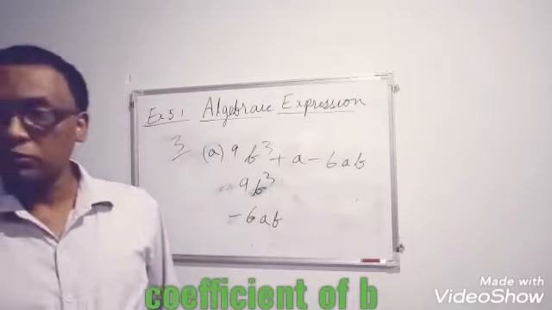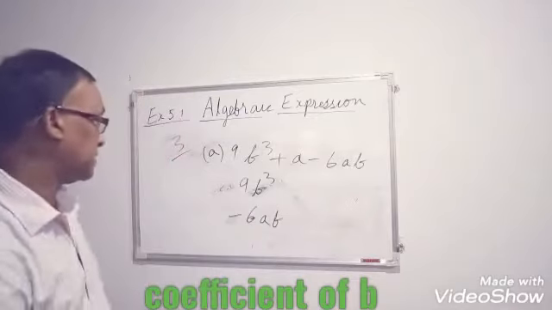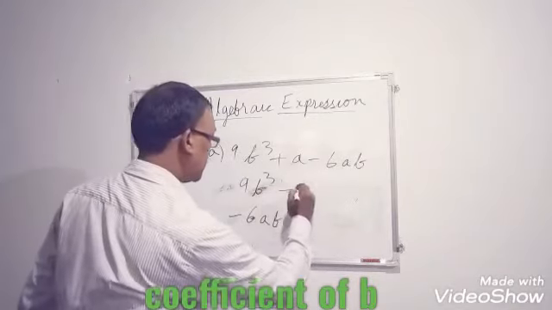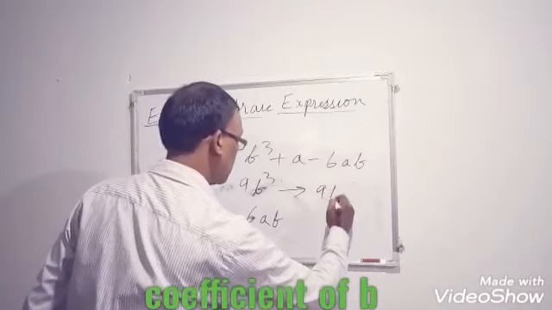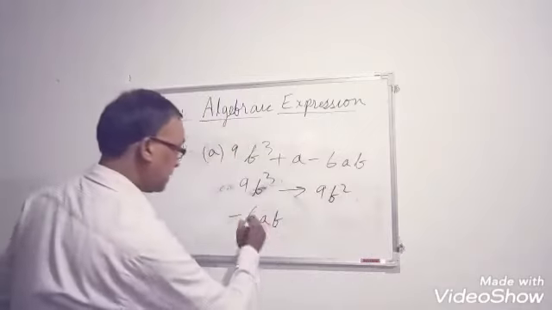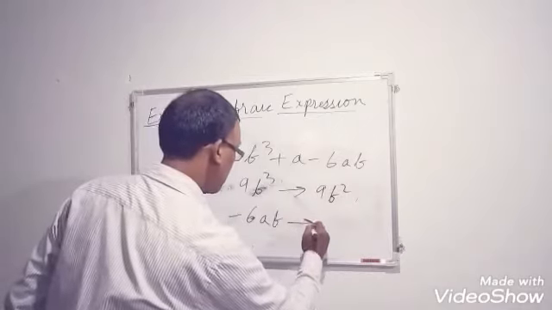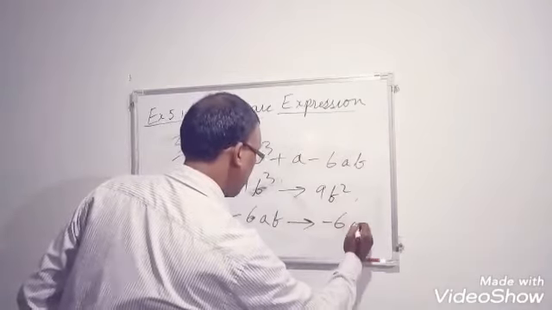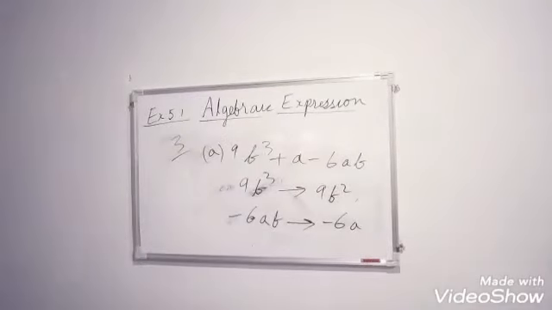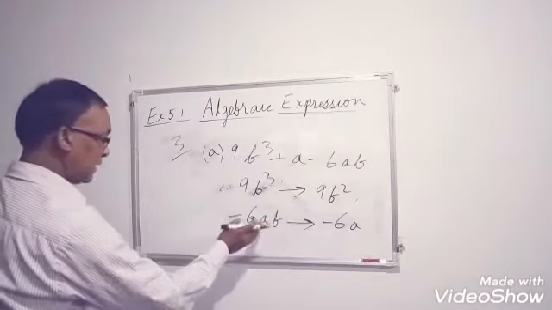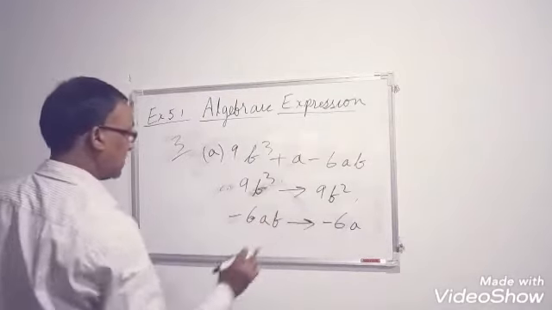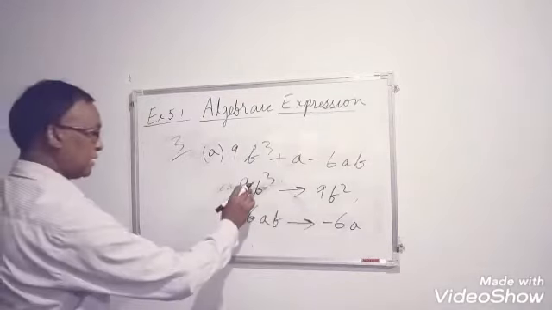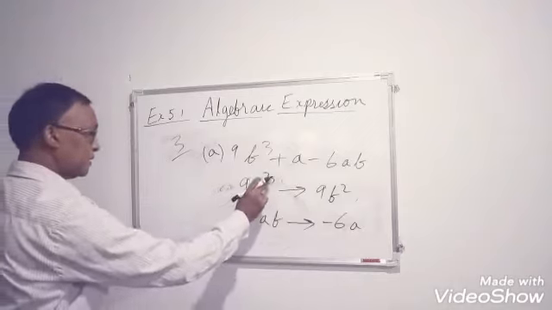Then secondly, also write the coefficient of b in each of the following. Coefficient of b here is 9b squared. Then the coefficient of b here, minus 6a. That means if you leave b, what is left? Minus 6a. So I am writing minus 6a. Here, how many b's are there? 3 b's are there.